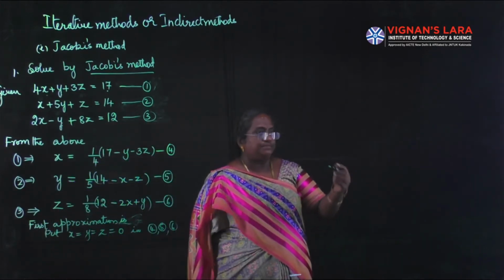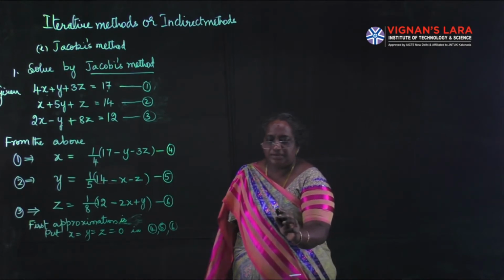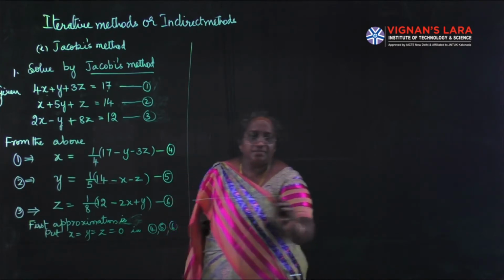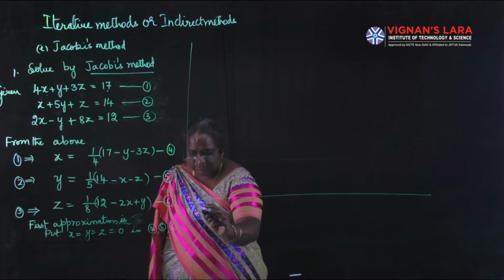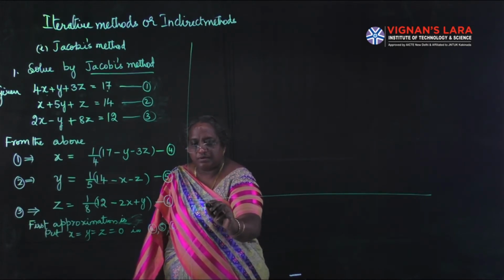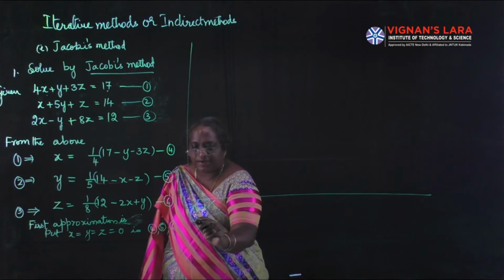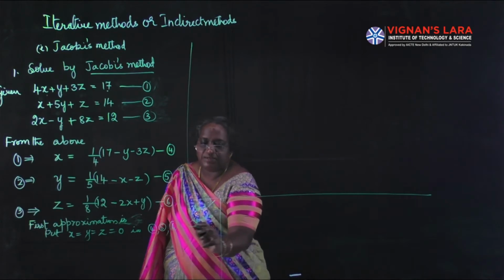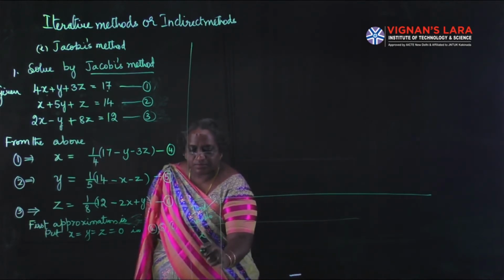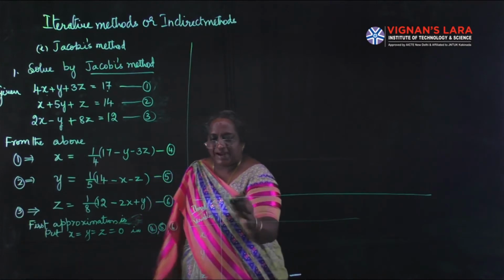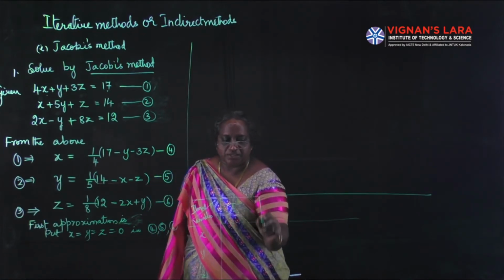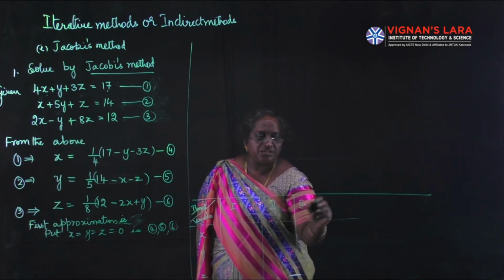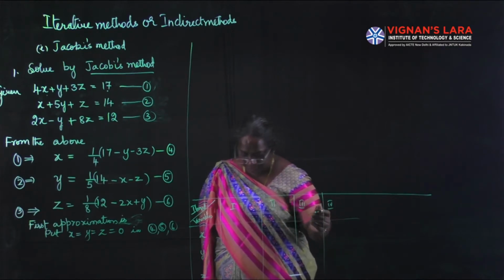If we have a table, it goes like this: iterations and variables. For what values do we have to solve? For x, y and z. Iterations: first approximation, what is the value of x, y, z? Second approximation, third approximation, fourth approximation.